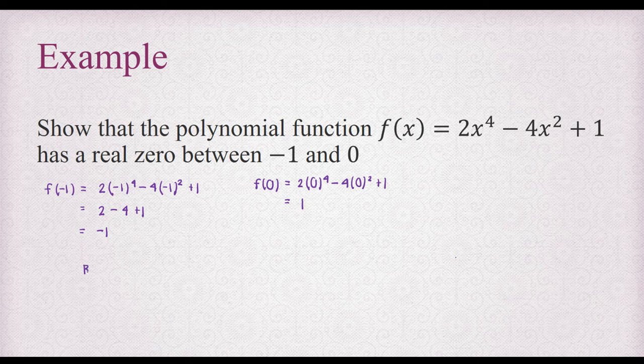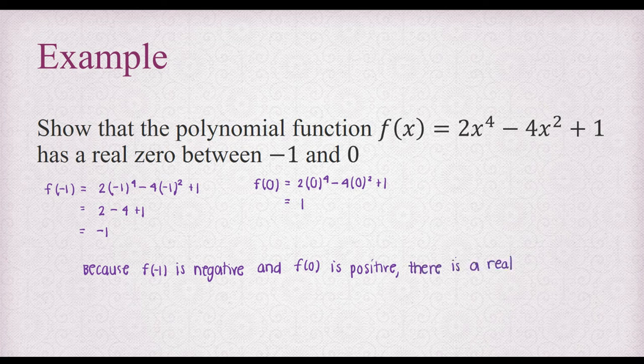So because f of -1 is negative, and f of 0 is positive, there is a real 0 between -1 and 0.